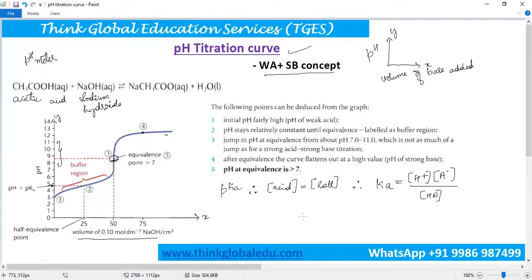Therefore, the pKa can be easily calculated as pKa equal to negative logarithm of Ka. Thus, by means of pH curves, pKa can be easily calculated and one can easily determine the equivalence point of acid-base titration reactions.